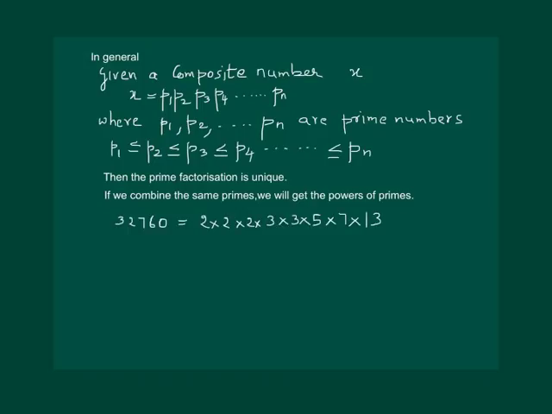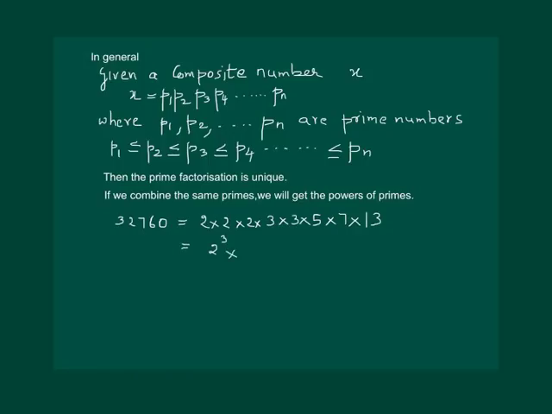For example, if we prime factorize 32760 and arrange them in ascending order, we get this combination. Now if we combine the same primes, that means if we combine 2's, we get 2 cube.